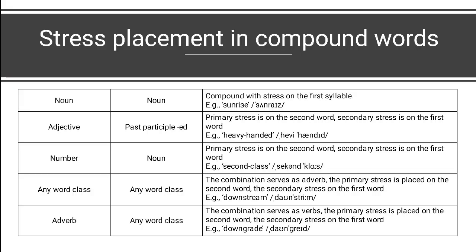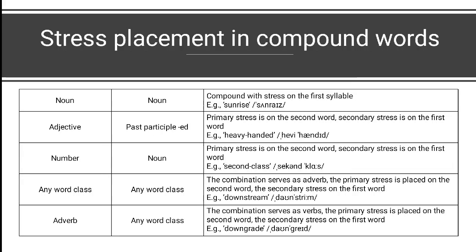The next is if the unit consists of number plus noun. There are two stresses too, primary stress and secondary stress. The primary stress is on the second word and the secondary stress is on the first word, like in the word second class. The primary stress is on the word class and the secondary stress is on the word second.